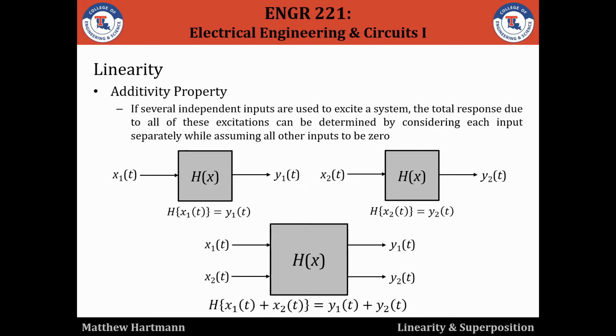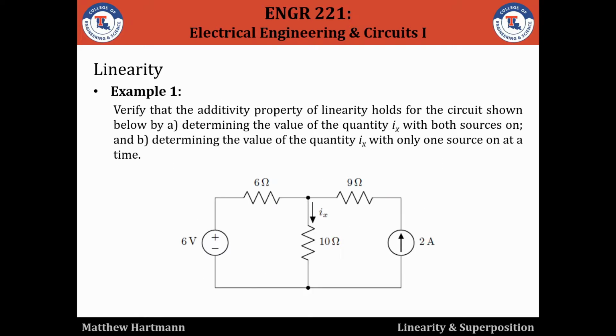Let's work an example problem to see how this concept fits into circuit analysis. We are asked to verify that this circuit obeys the additivity property by proving that we get the same output, Ix, when working the problem in two different ways.